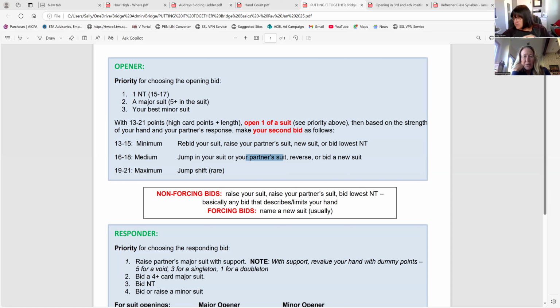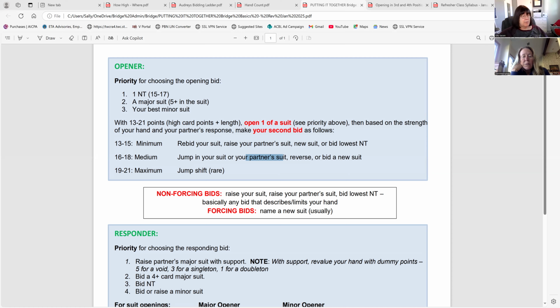Okay. So let's look at this example first. In this example, I believe your partner has bid one heart. Here we have, and I'm going to go through these pretty quick so that we can get to something else, but you can slow this down to look at it later on your own.